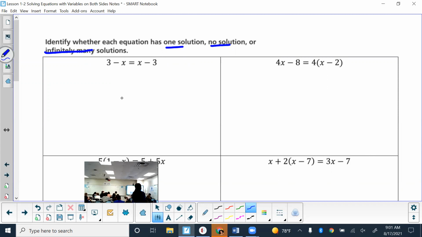So move on to step 3, which is to move the variable to one side. All right, so just pick one, doesn't matter which one. Do you want to move the -x or the +x? And how can I make that -x cancel? All right, and then we'll do that on each side.